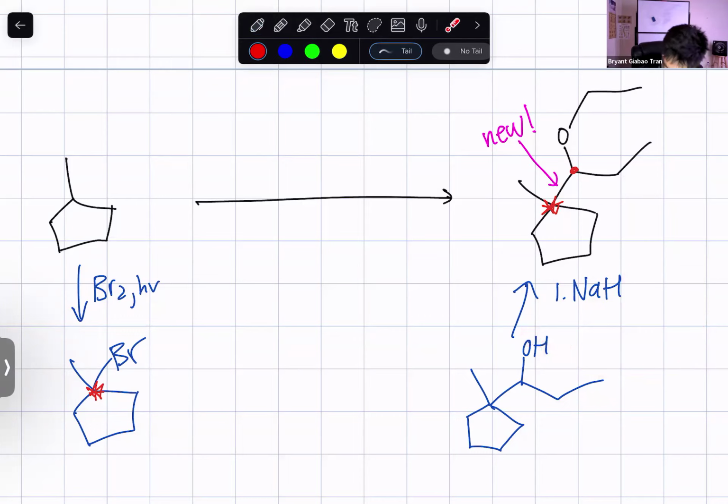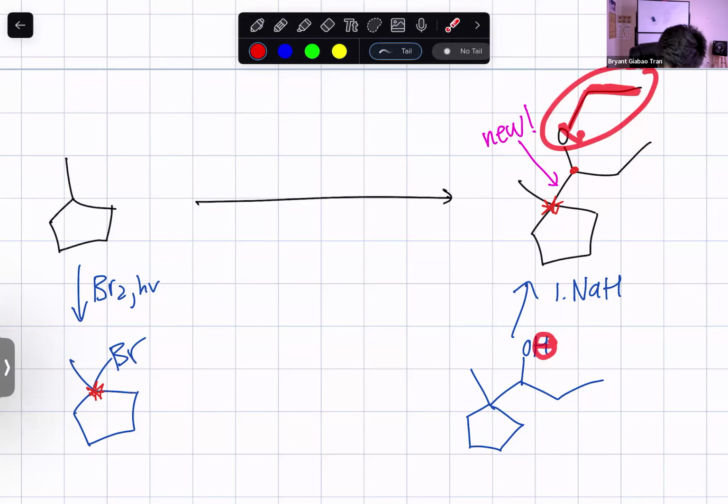Now, once this oxygen has a minus charge, what reactant do we want to react it with to get this ether here? Once we have the nucleophilic O minus, what reagent can we use to make this new bond here?